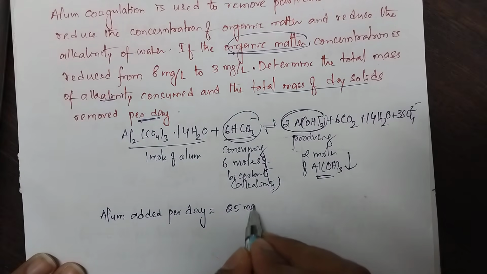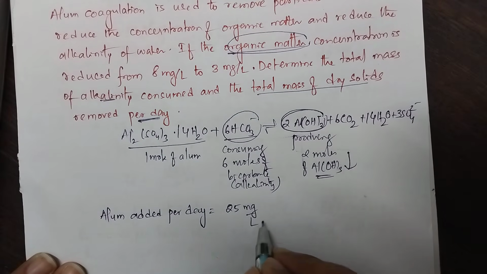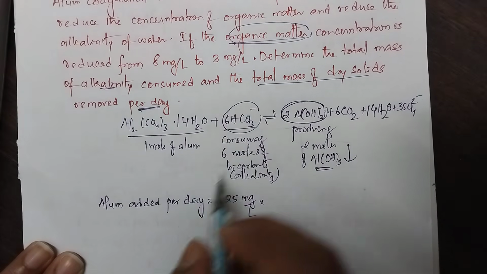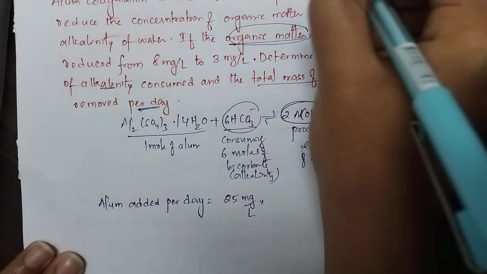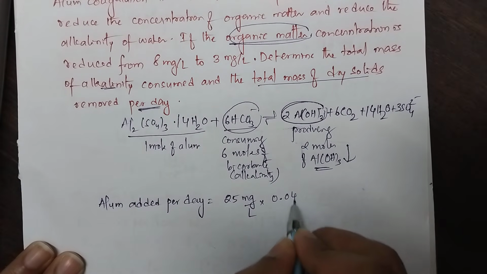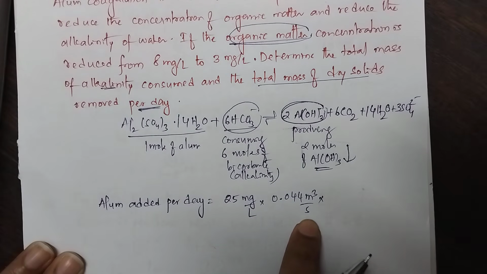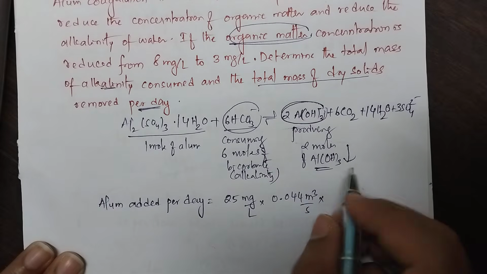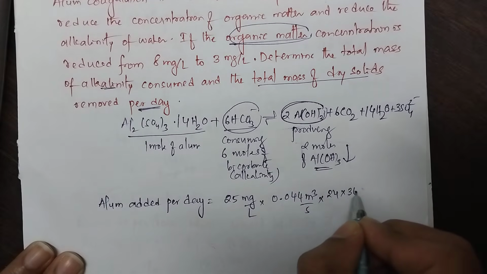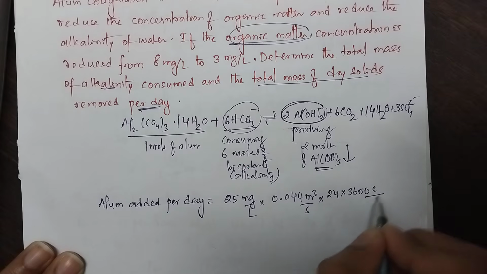But how many liters are added in a day? So we have flow rate per second, that is 0.044 meter cube per second. Then we have to multiply it per day. So how many seconds per day? So 24 hours and 3600 seconds per day.